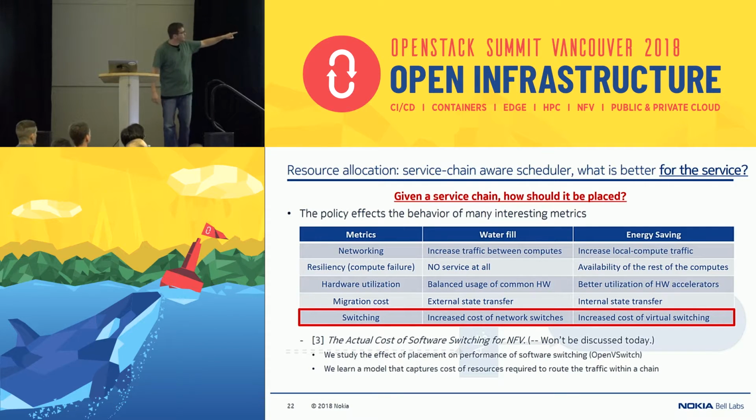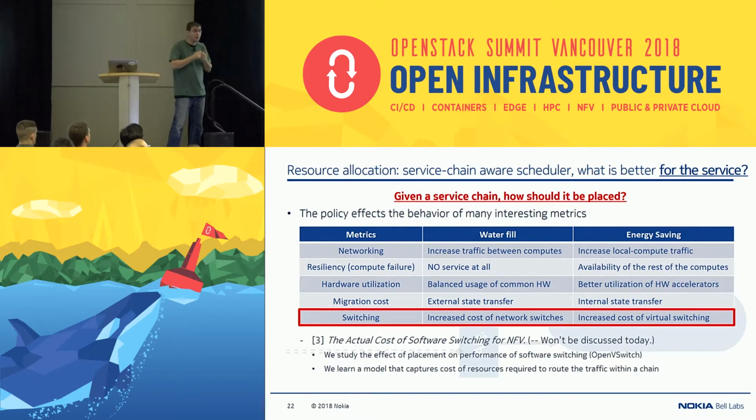And actually for switching, this leads me to switching. We have a separate work that we published that implements a prediction model that tries to predict how much CPU will it cost me to traffic a packet within a chain. Okay?